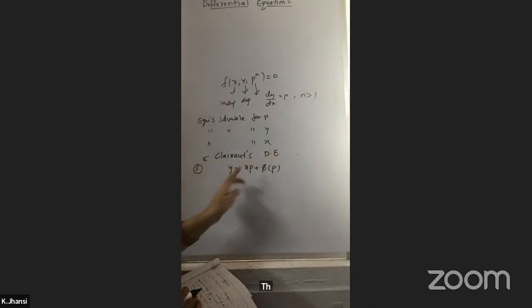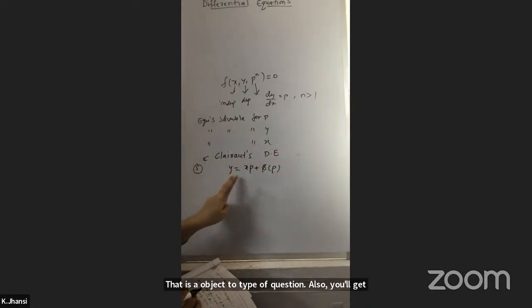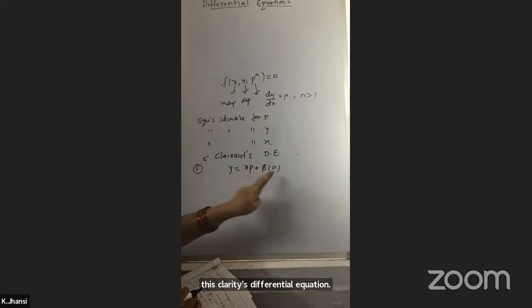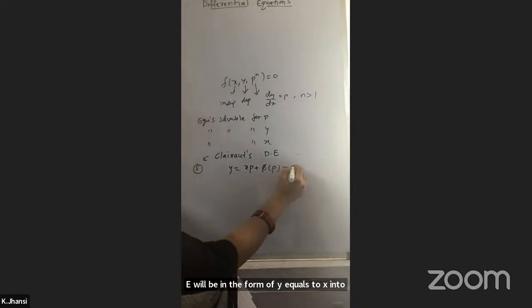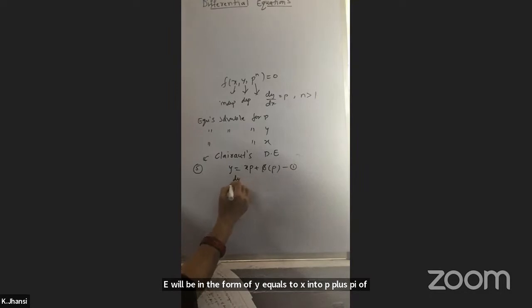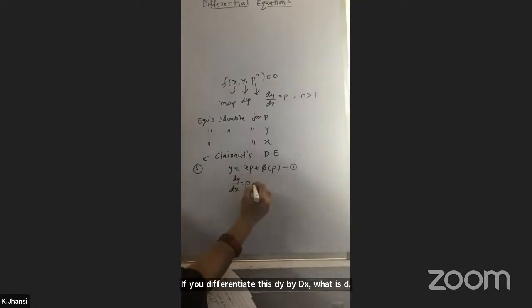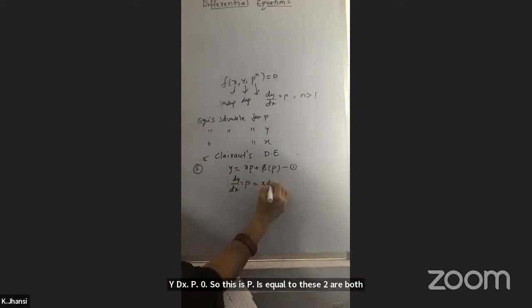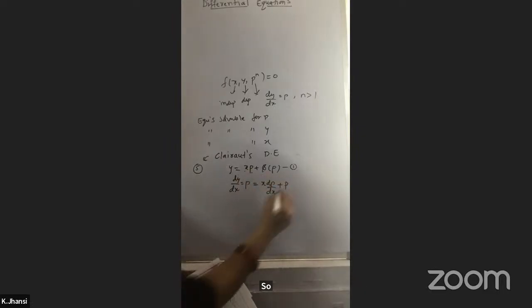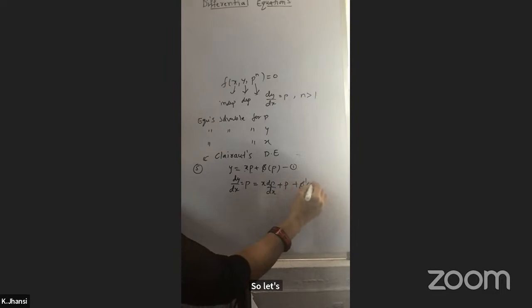This Clairaut's differential equation will be in the form of y equals x into p plus phi of p. If you take it as equation 1 and differentiate, dy by dx, what is dy by dx? p, no? So these two are both variables. So x into dp by dx plus, x value is 1, you will get p plus phi dash of p.